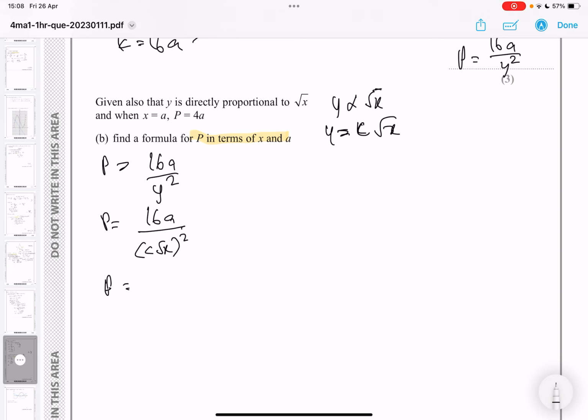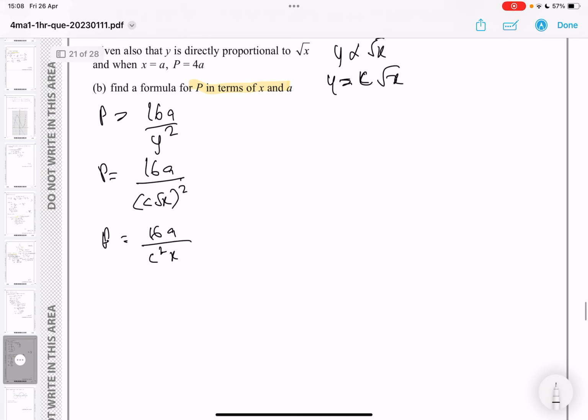And if we just expand that, c squared x. But again, it says the formula has to be in terms of x and a, and there's a c here. So we need to somehow get rid of the c. So let's make c the subject. Let's find out what c is by substituting these values that they've given us. P equals 4a when x equals a. So 4a equals 16a divided by c squared a, because x is a.